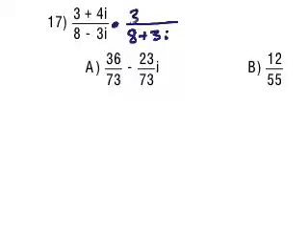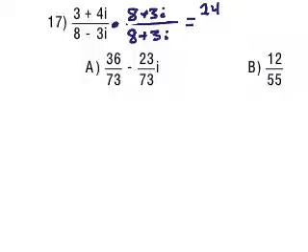And we're going to write the same thing on the top, 8 plus 3i. If we multiply by 8 plus 3i over 8 plus 3i, we're multiplying by 1, so we're not causing any trouble. We'll do the top first. 3 times 8 is 24.